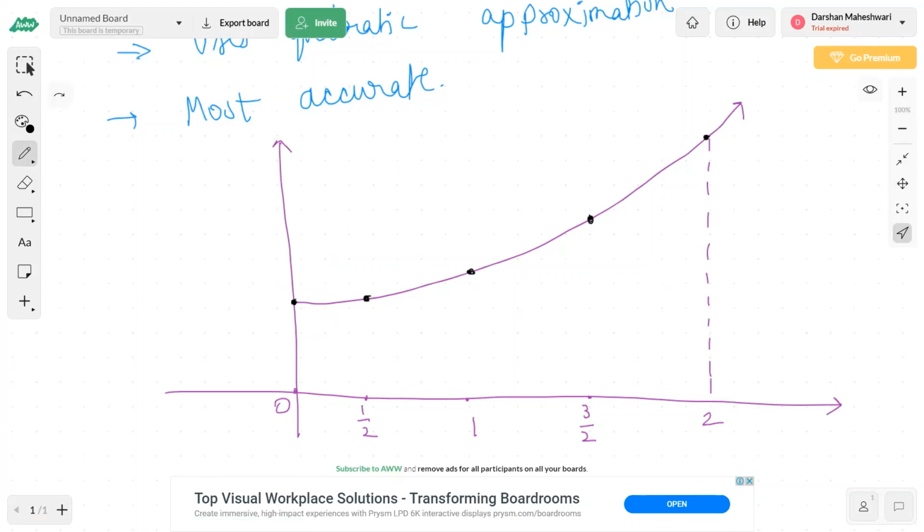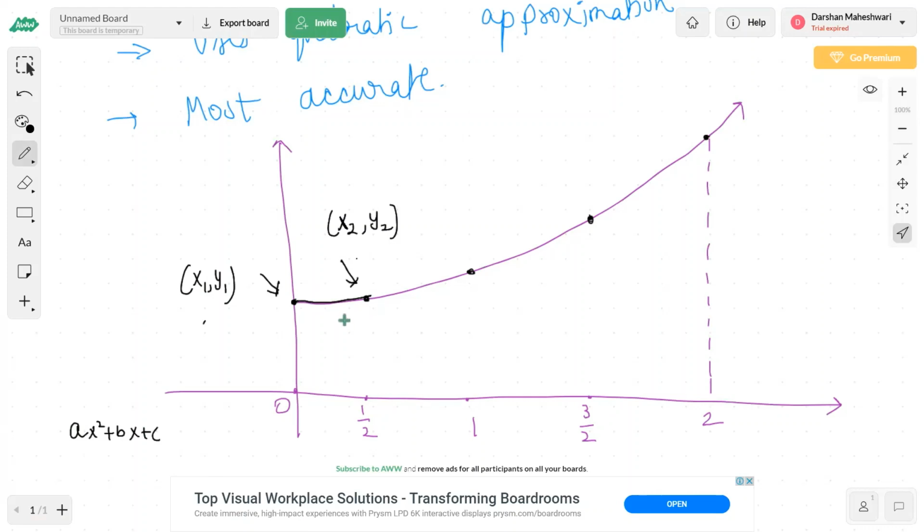in between these 2 points, let's suppose this point is x1, y1, and this point is x2, y2. Between them, we actually make a quadratic equation in terms of ax square plus bx plus c using these points, and the curve which we get is actually made in between the points.